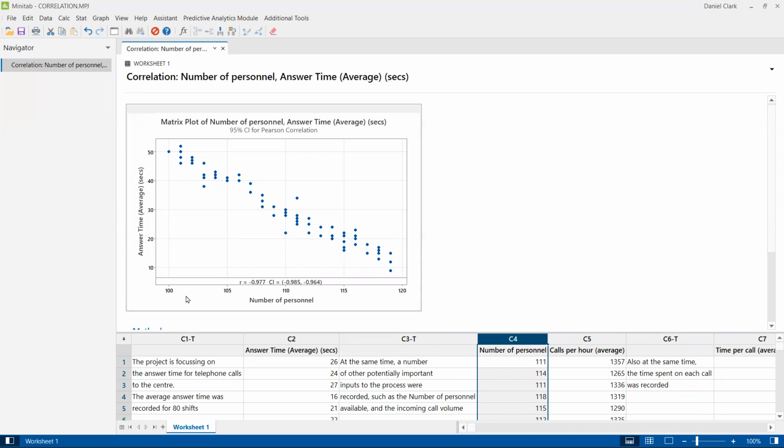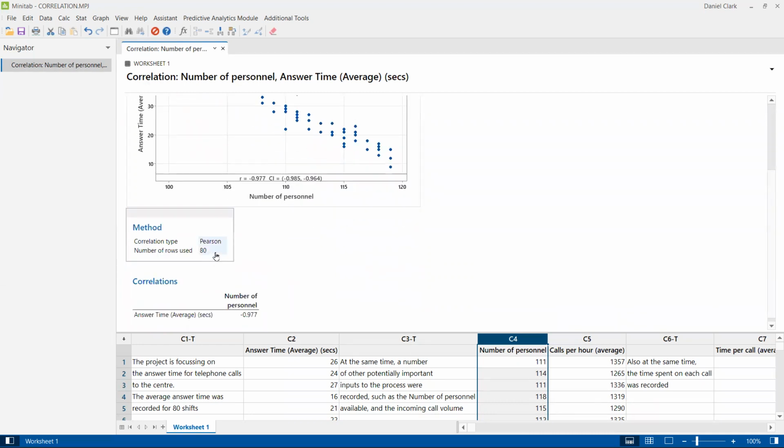Interestingly, as the number of personnel increases, going to the right, the average answer time seems to come down. We've got the Pearson's R statistic, and then a confidence interval around that Pearson's R.